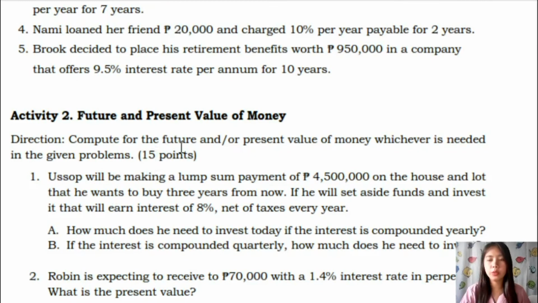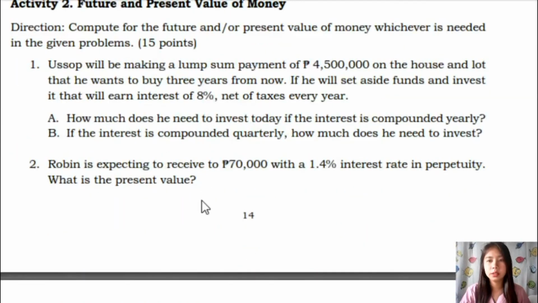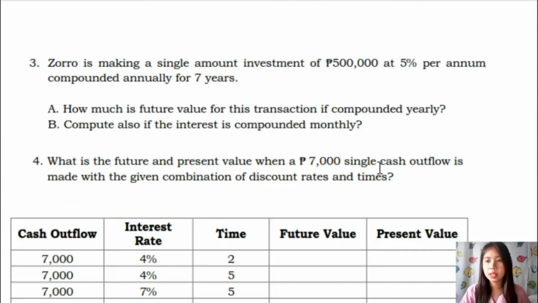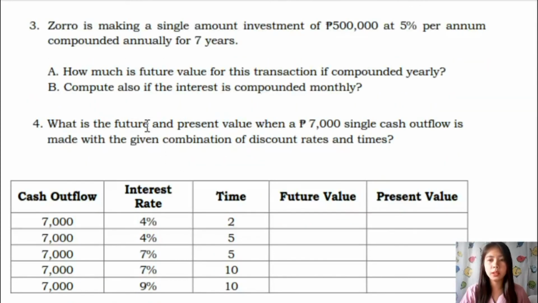Okay, compute for future and or present value of money, whichever is needed in the given problems. Okay. So, you have 3 items, and for item number 4, what is the future and present value when a 7,000 peso single cash outflow is made with a given combination of discount rates and time?